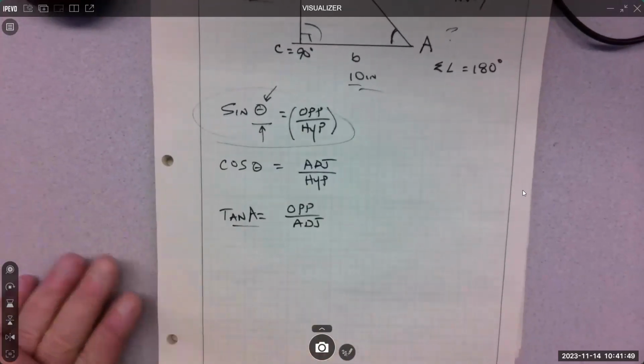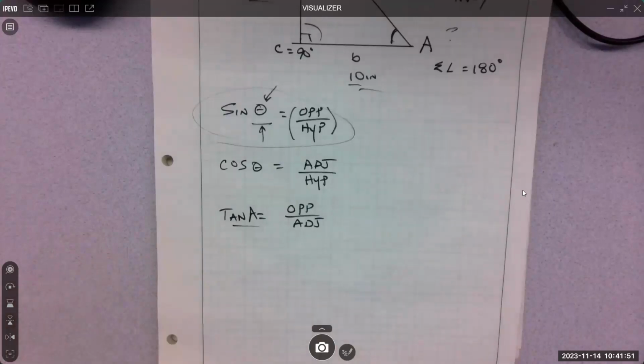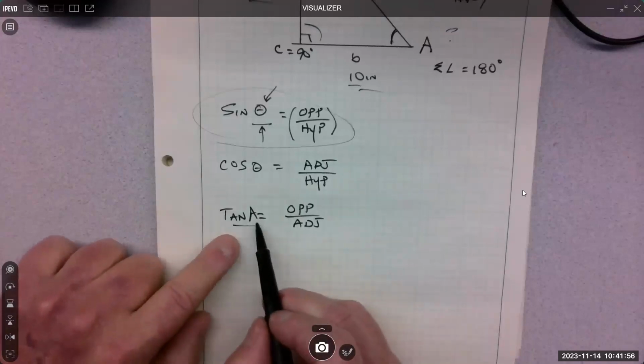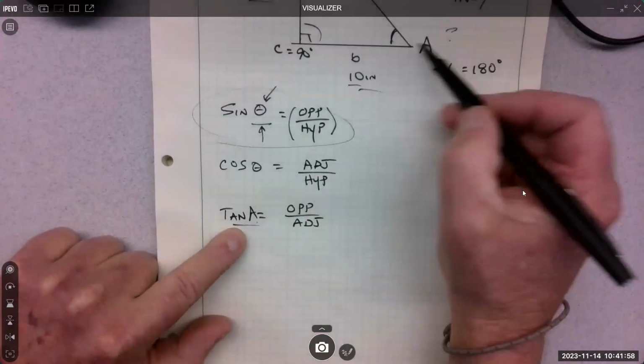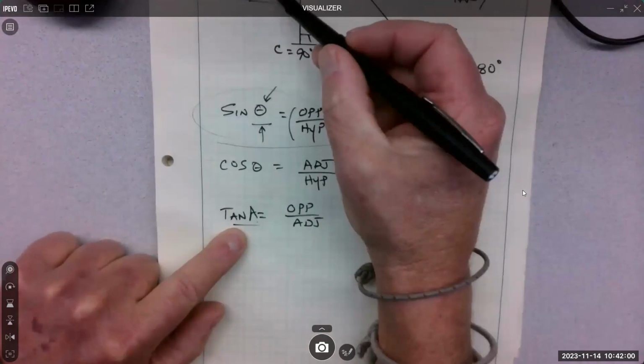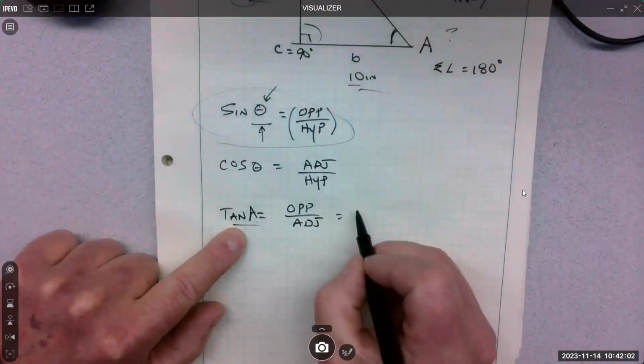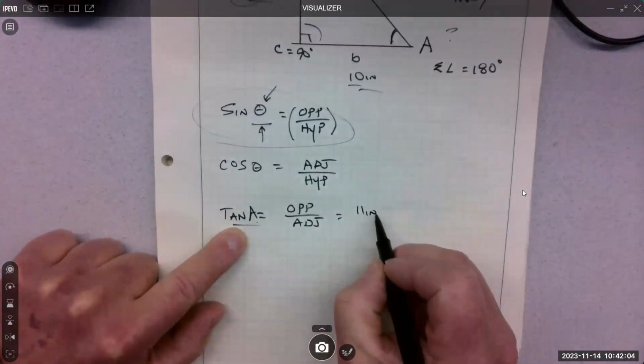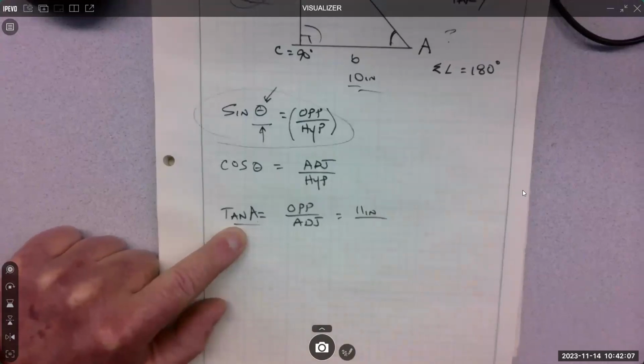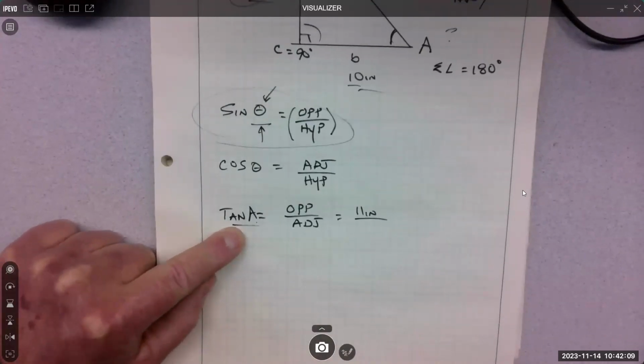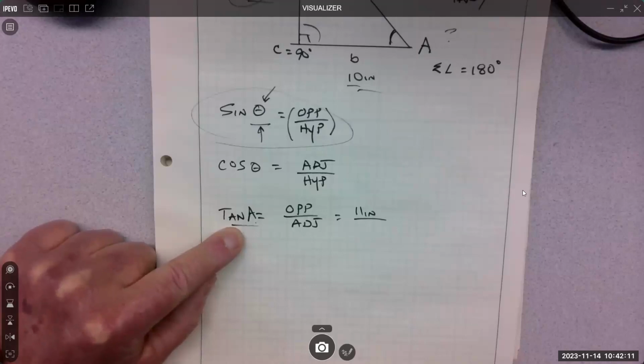We're doing a little trigonometry review because you use it in Excel today. So tangent A. I just subbed in the angle that I want. Tangent A. Opposite is 11. Everyone with me? You're either with me or you're against me, and you want to be with me. All right. Adjacent.